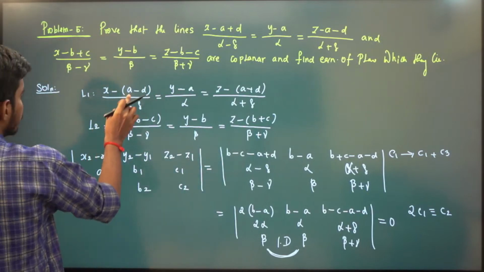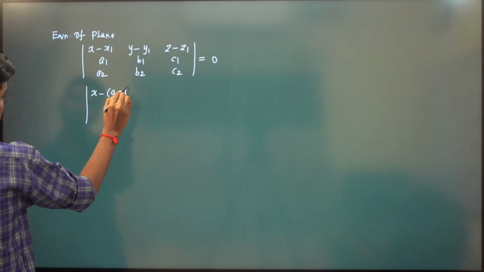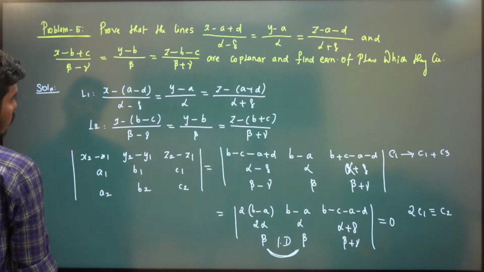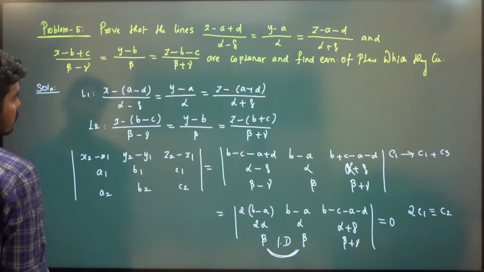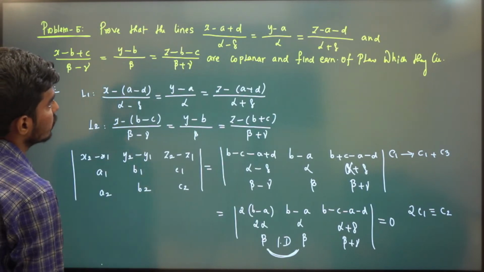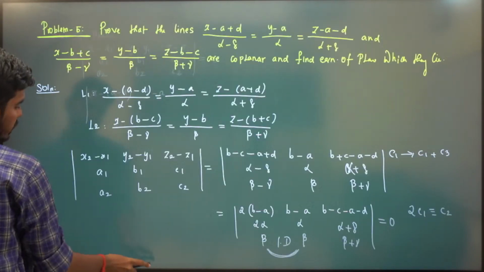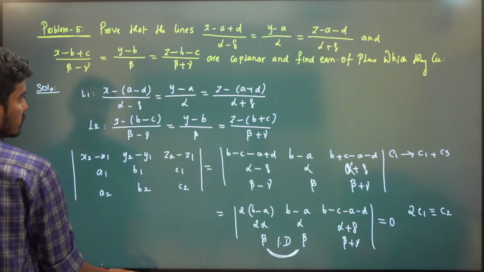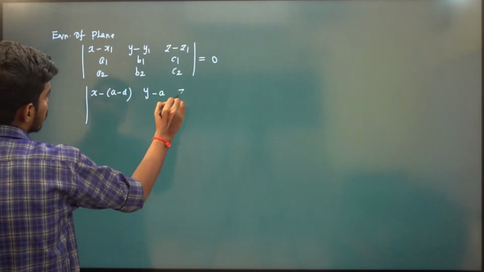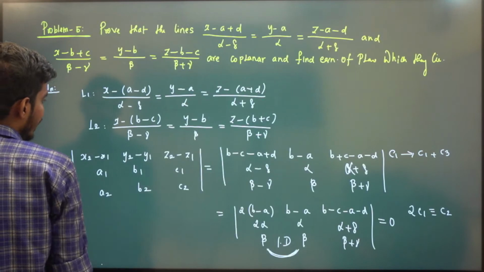So x1 is a minus d, y1 is b, z minus z1 which is a plus d, a1, b1, c1, a2, b2, c2.